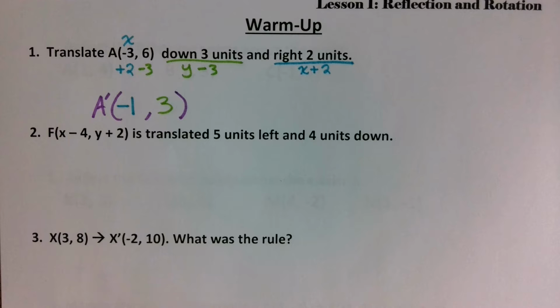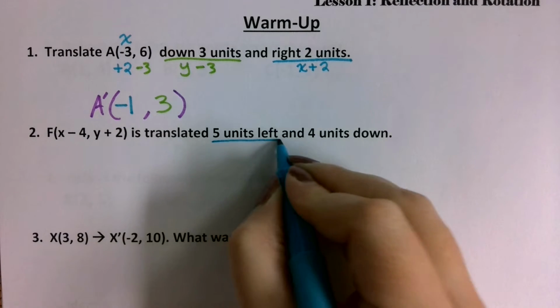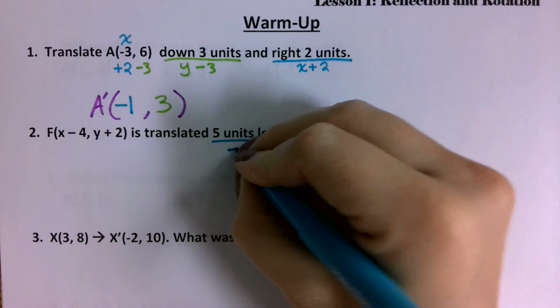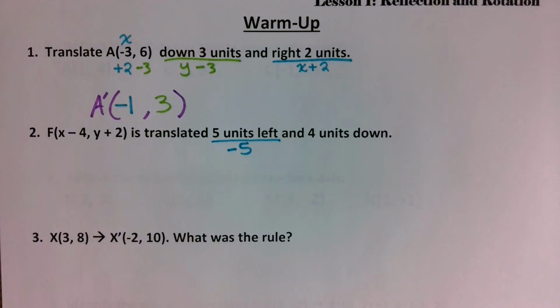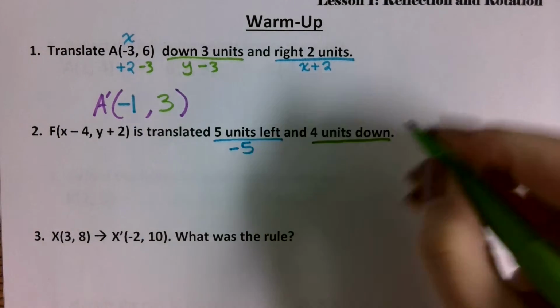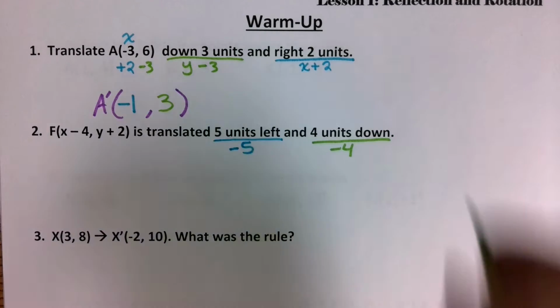Okay. For problem number 2, if we have point F at x minus 4 and y plus 2, and then it's translated 5 units left and 4 units down. So again, 5 units to the left means that we're going to subtract 5, and then 4 units down means we're going to subtract 4.